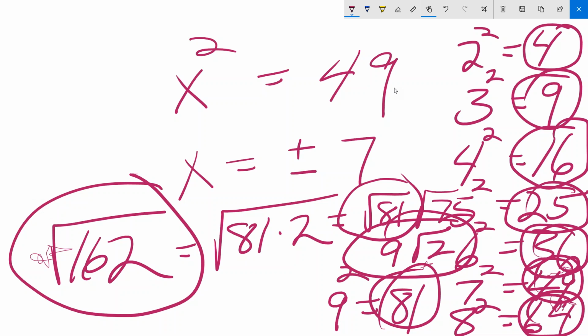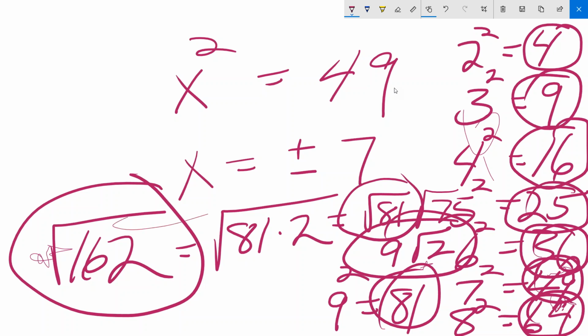And the only reason I mention that is because it was really helpful to know what my perfect square numbers are. Because whenever you're simplifying a radical, that's the key: you need to find a perfect square number that is a factor of that number.